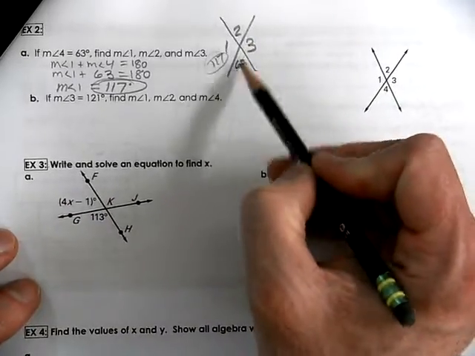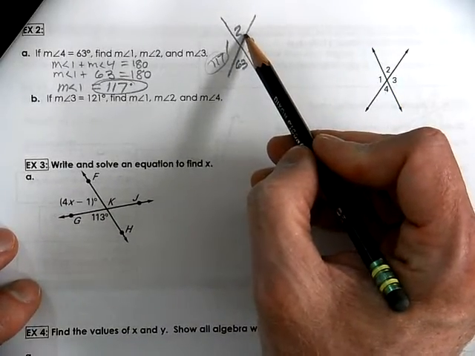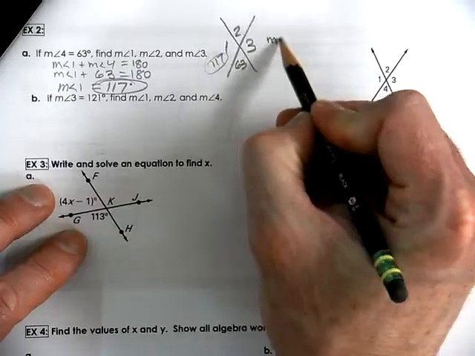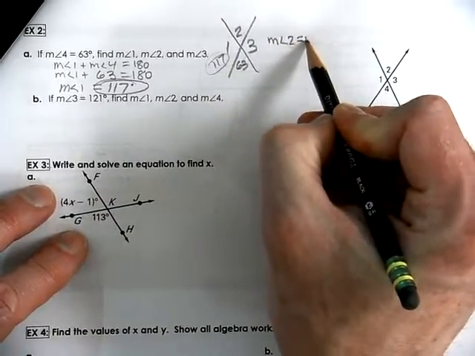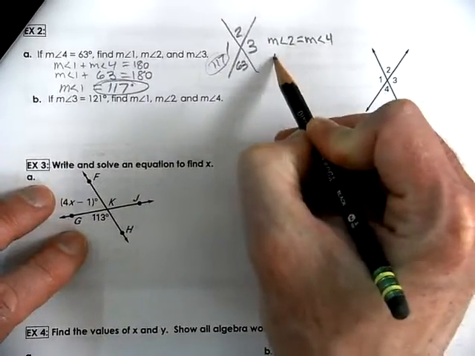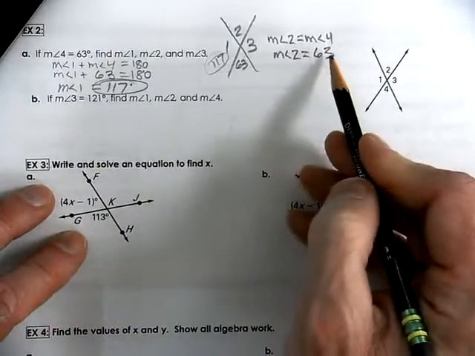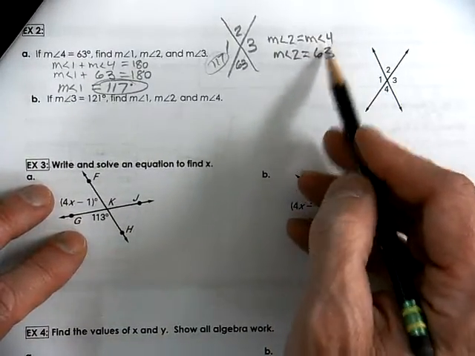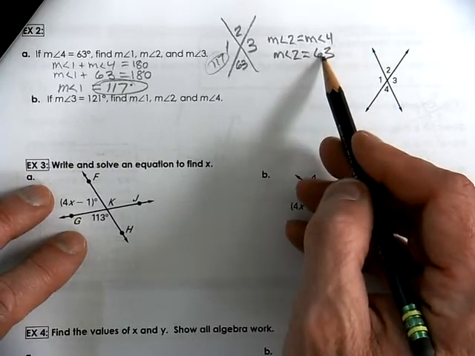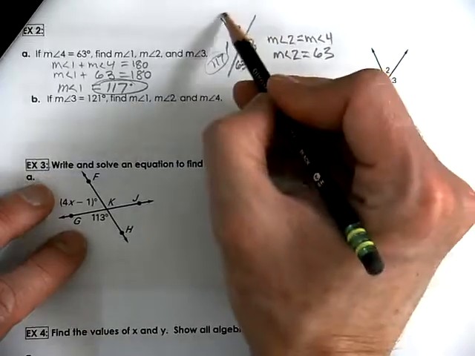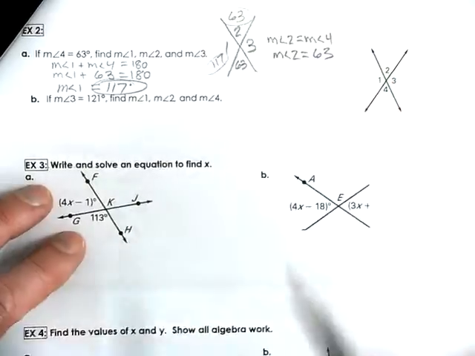How about the measurement of angle 2? Okay, the measurement of angle 2 is going to equal the measurement of angle 4. So the measurement of angle 2 is going to equal 63 because we substitute in the 63 to the 4. So that is 63.